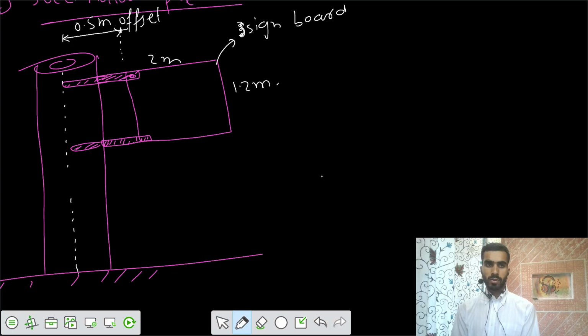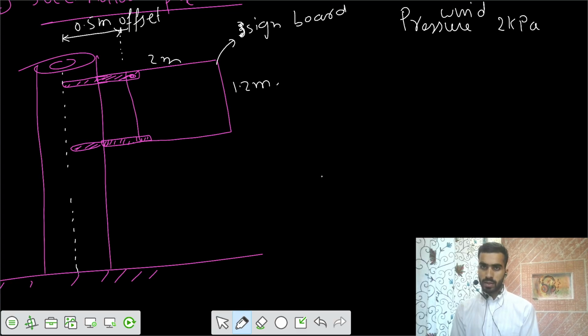So from that we have some offset, and after that we have a steel plate, or a signboard, of dimensions 2 cross 1.2, and there is a wind pressure of 2 kilopascal against the signboard.